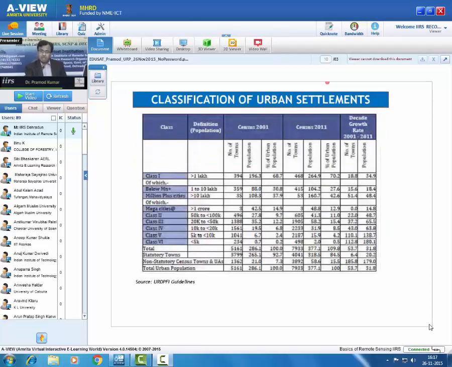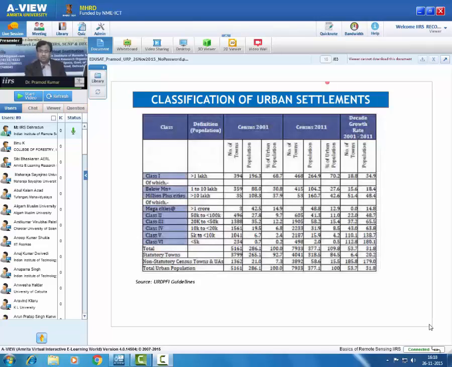Now let us have a look at the classification of urban settlements. Basically there are six categories of urban settlements, ranging from class 1, class 2, class 3, class 4, 5 and 6. Class 1 towns are those having a population of more than 1 lakh.